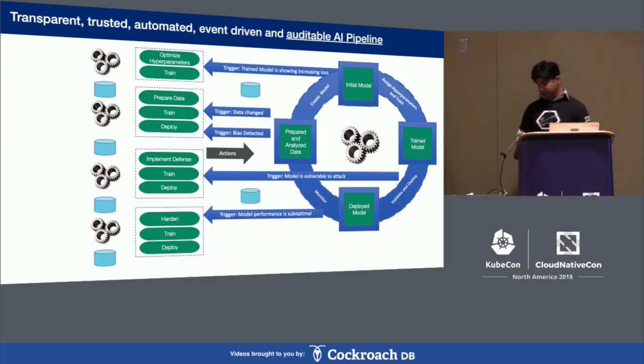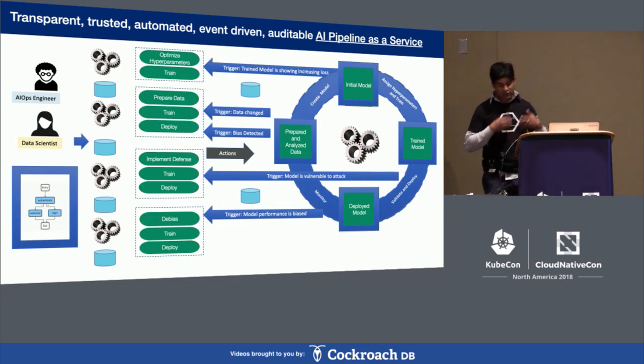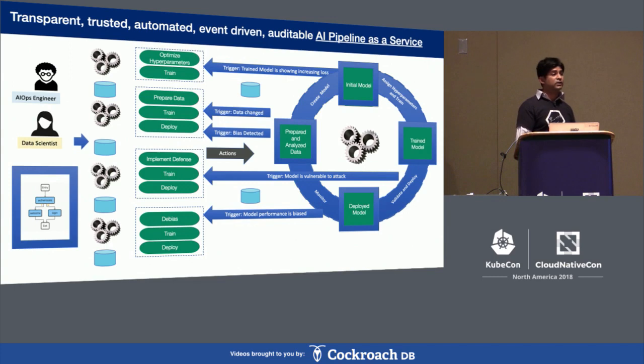And when we work with enterprises, it's very, very critical that we need the notion of auditability. That means having the right concepts around data versioning, model versioning, tracking every input and output, which is very key to a platform or a pipeline like this. And in the end, we are targeting two sets of users. One, the data scientist who will actually submit their machine learning workflow onto this platform or pipeline.